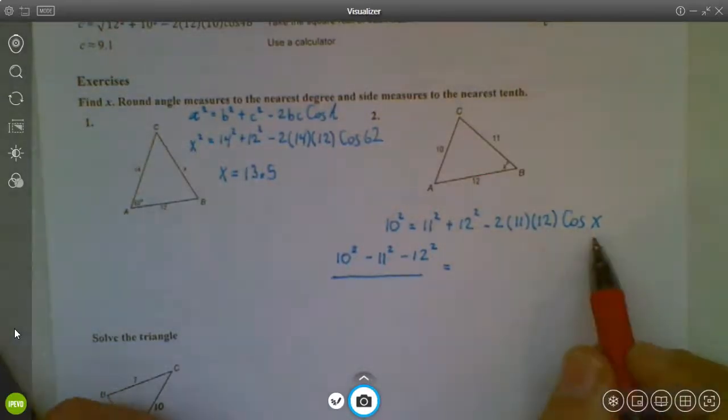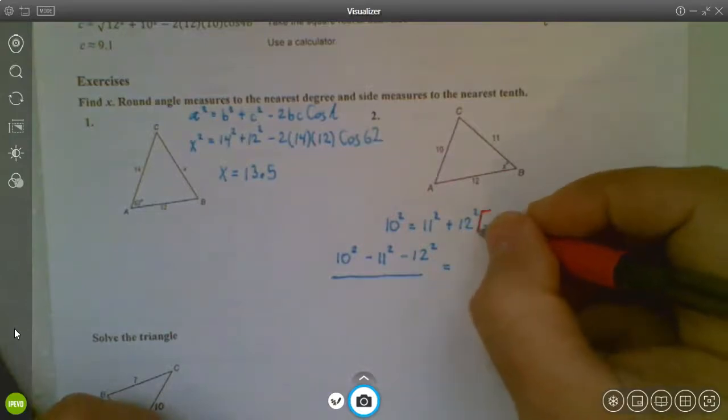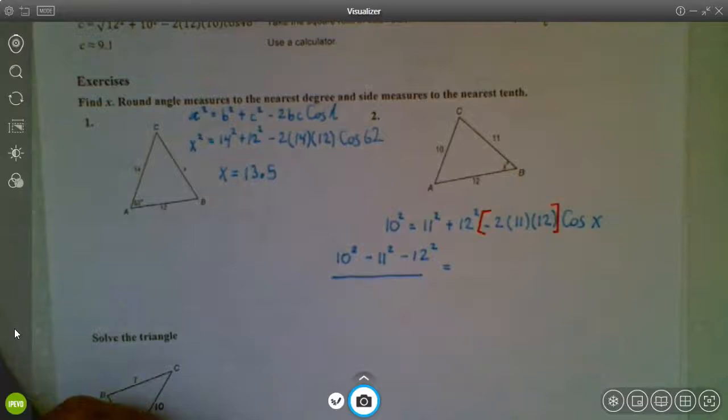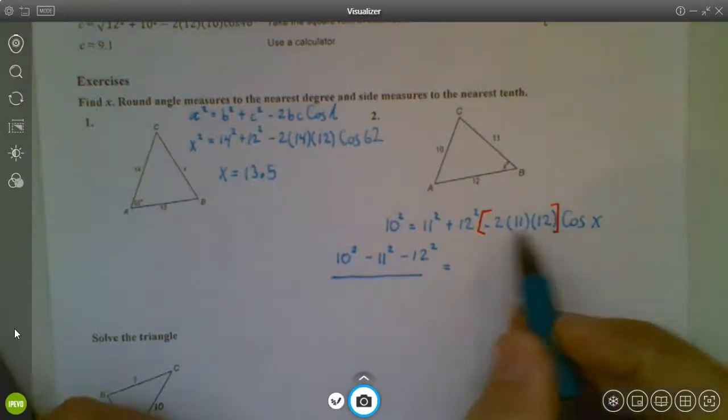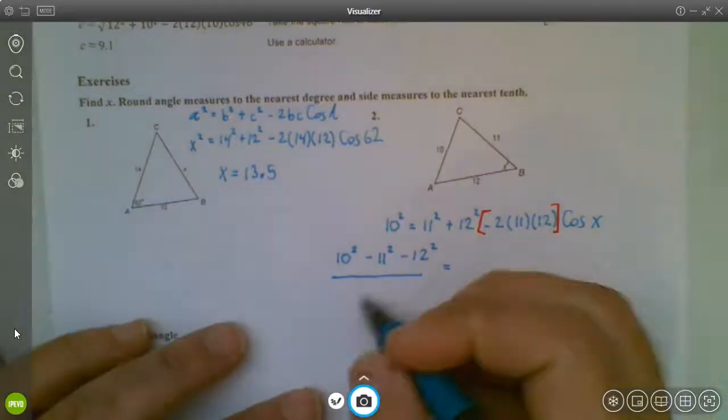So if I want to get the cosine x by itself, that means I need to divide all this number over to the other side, which you're welcome to just combine these, right? Instead of keeping them separate like I have them right now, but I wanted you to see where everything is going.